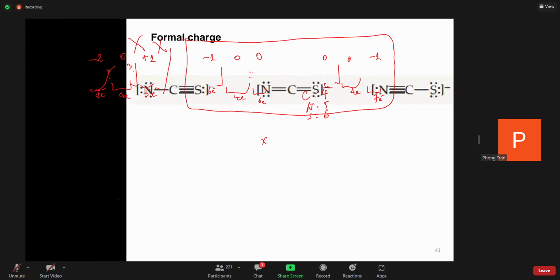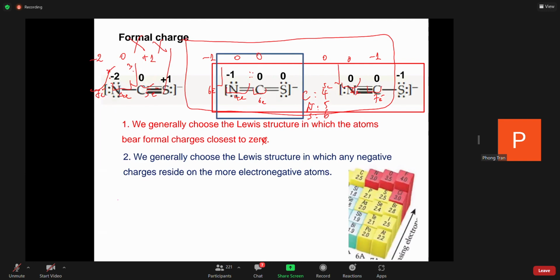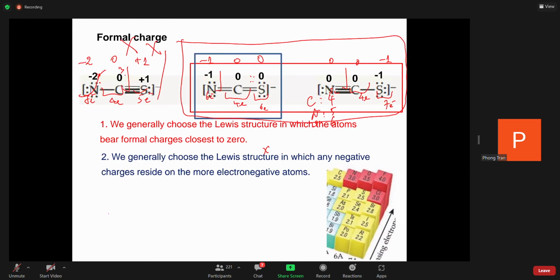So if you move to this table, you will see that nitrogen has an electronegativity of 3.0 and sulfur 2.5. So it means that it's correct if the negative charge is put on the nitrogen instead of on the sulfur.